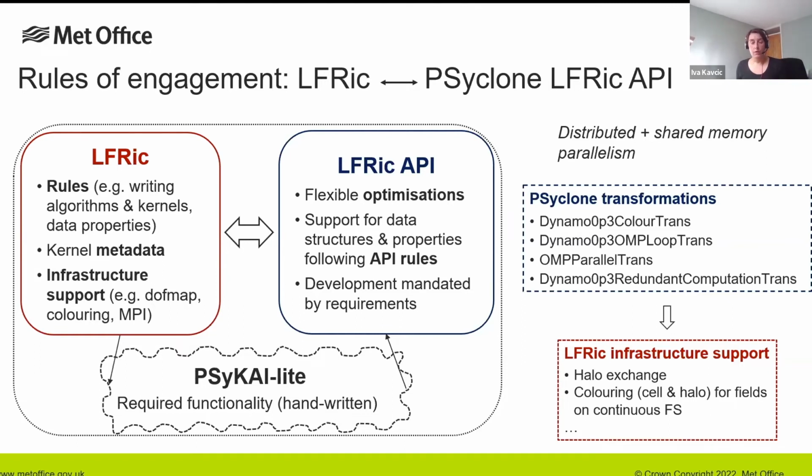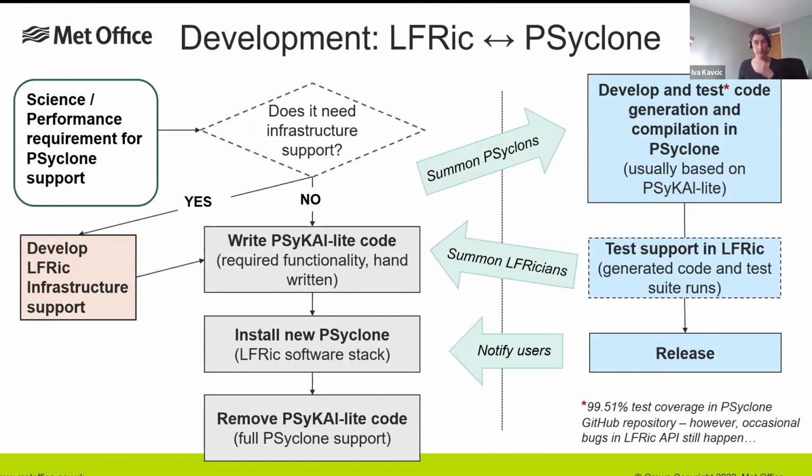If we don't have a functionality for PSyclone, we use PSyclone-lite, which is the required PSy layer functionality, which is handwritten, and this is the development tool and the template and the stopgap at the same time for the development of the necessary PSyclone functionality.